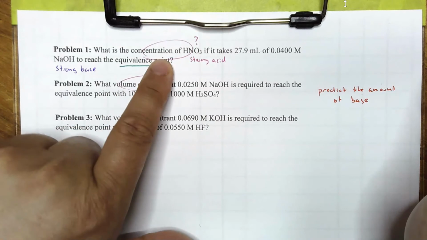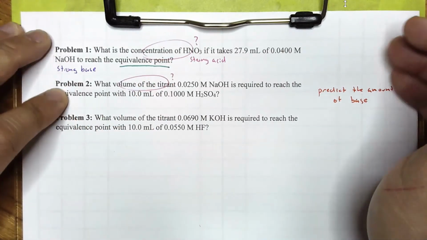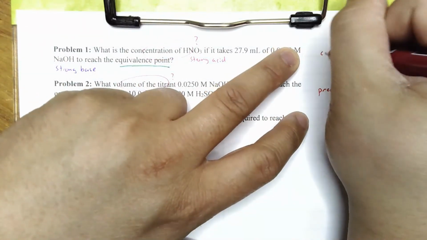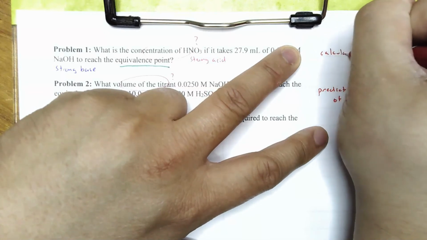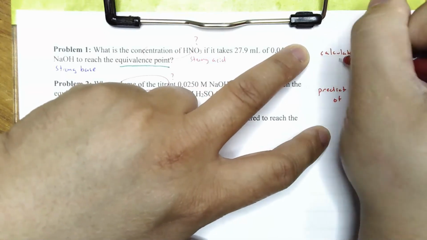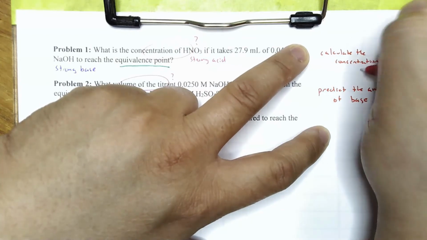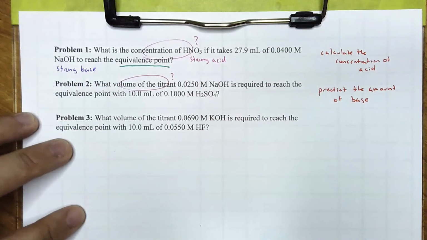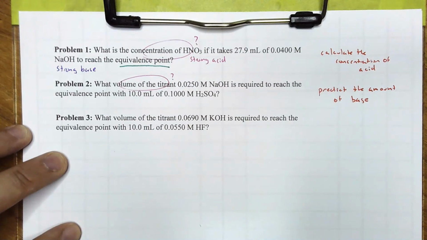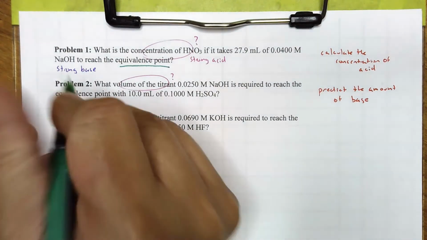And problem number one is calculate the concentration of acid. And again, we are going up to the equivalence point.